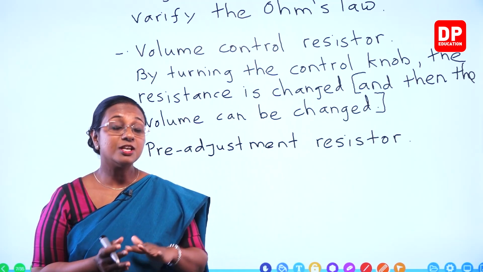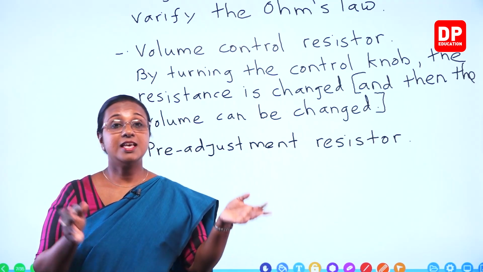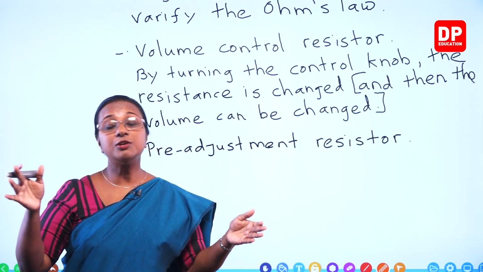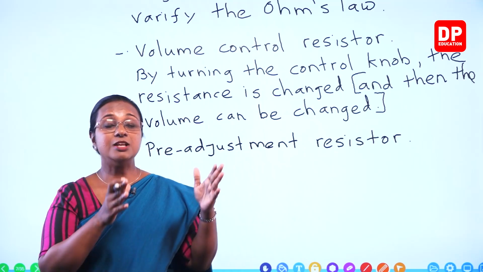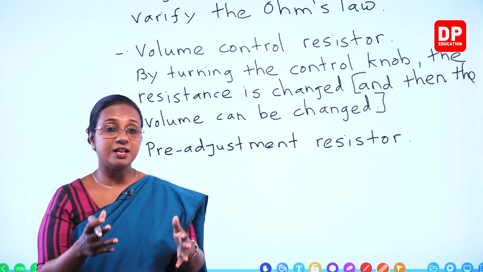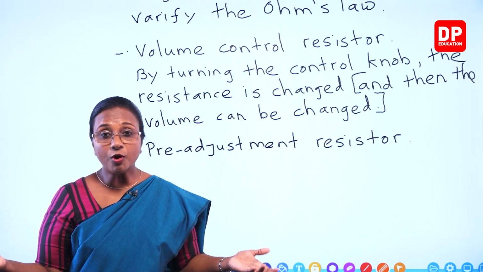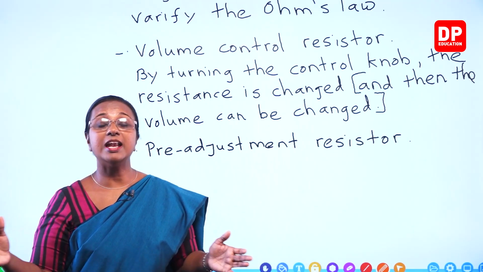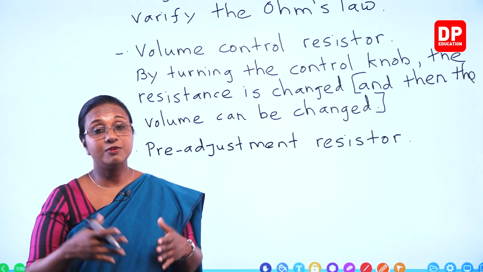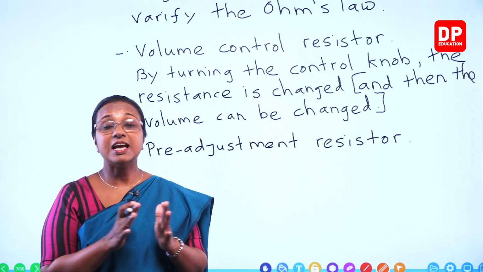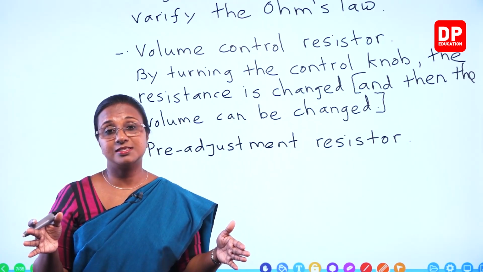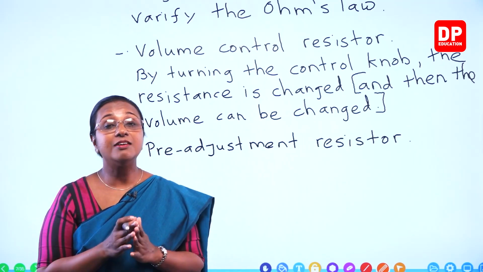But the thing is, you have to adjust it. Say if the range is between 100 to 500 ohms, then you can have it at 100 ohms, 115 ohms, 124 ohms, 148 ohms. Like that, you can keep on changing it. Even 200, 250, like that, you can change the resistance within that range.